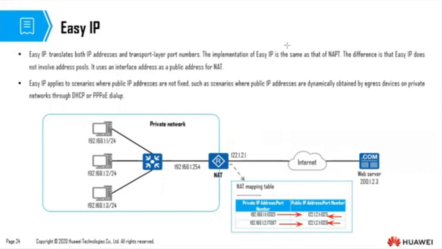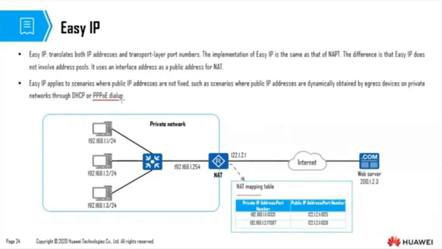Now, you should not forget easy IP because this is how your router, your wireless access router in your home, if you have fiber in your home, is assigned an IP. Normally, Safaricom will connect to your router using what we call PPPoE, point-to-point over Ethernet, and assign you a single public address.